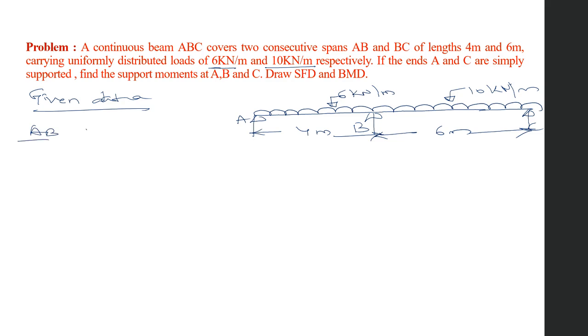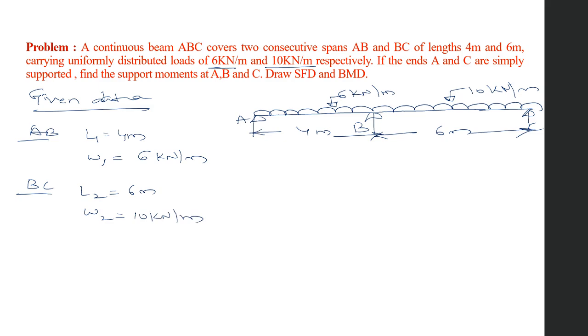On span AB, L1 equals 4 meters and W1 on AB equals 6 kN per meter. And on BC, L2 equals 6 meters, W2 equals 10 kN per meter. So this is the given data.